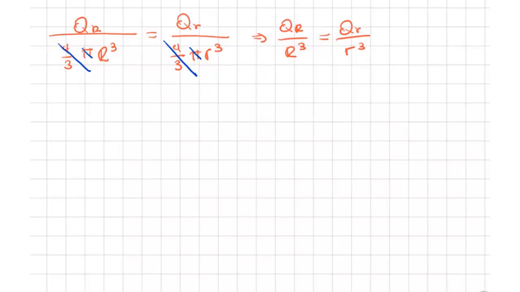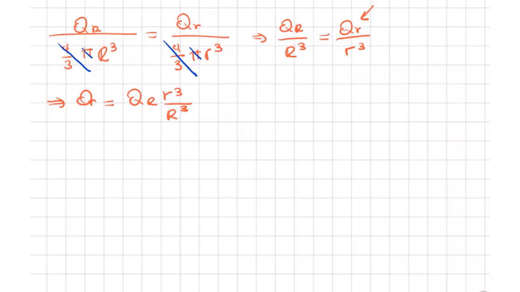And we clear Qr, and the result is Qr equal to QR multiplying r lowercase cubed divided by R uppercase cubed. Okay, and that's the charge enclosed in the Gaussian sphere.